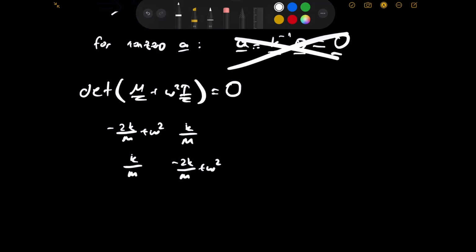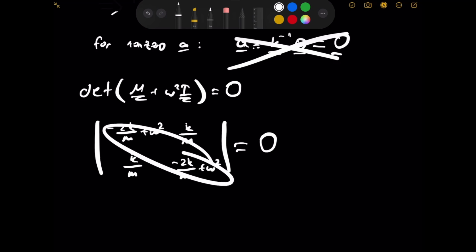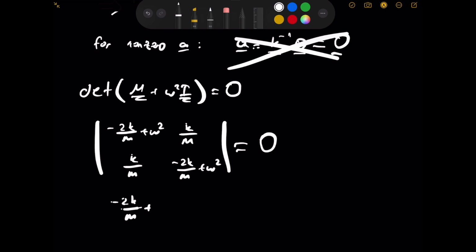This is the matrix, right? And we need that its determinant is 0. How do we take the determinant of a 2 by 2 matrix? You just multiply these and subtract the multiplication of those. So minus 2k over m plus omega squared, all squared, should equal k over m squared.